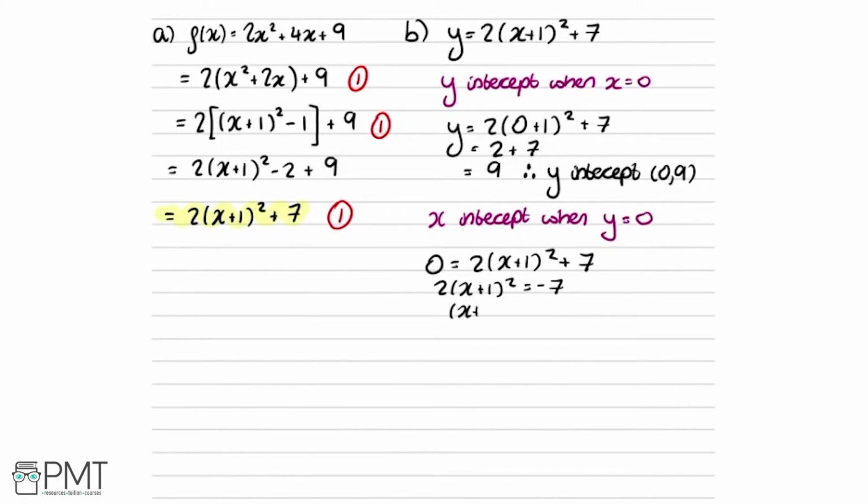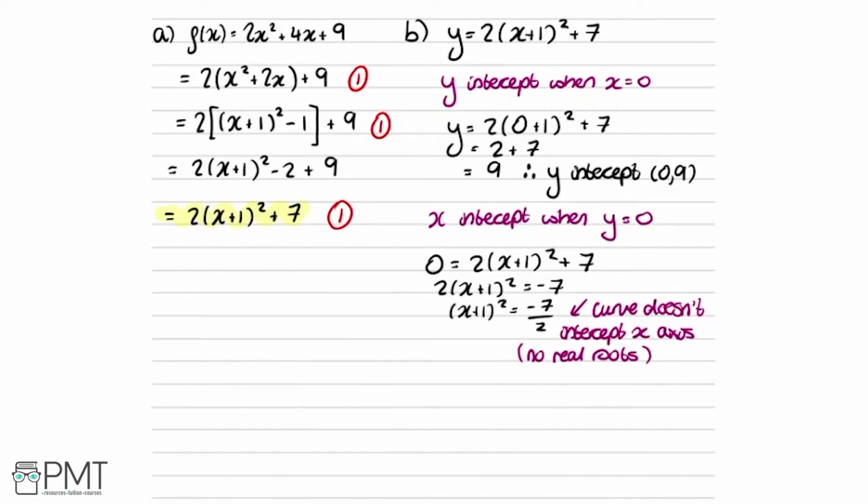So then (x + 1)², dividing both sides by 2, is minus 7 over 2. We've run into a slight issue here because we've got a negative this side. However, to solve for x, we're going to need to square root both sides. And we can't square root a negative number. Therefore, we can't solve this. And so the curve doesn't intersect the x-axis. Or you could also say that it has no real roots. Okay, brilliant. So we worked that out.